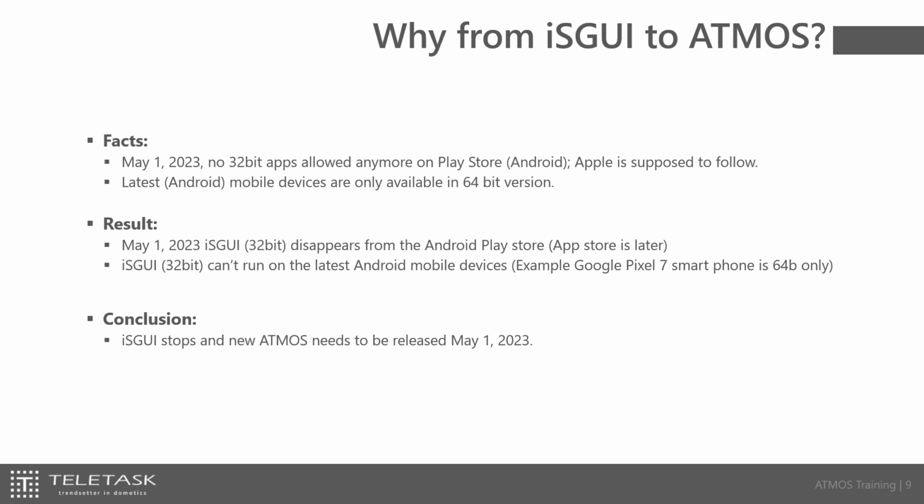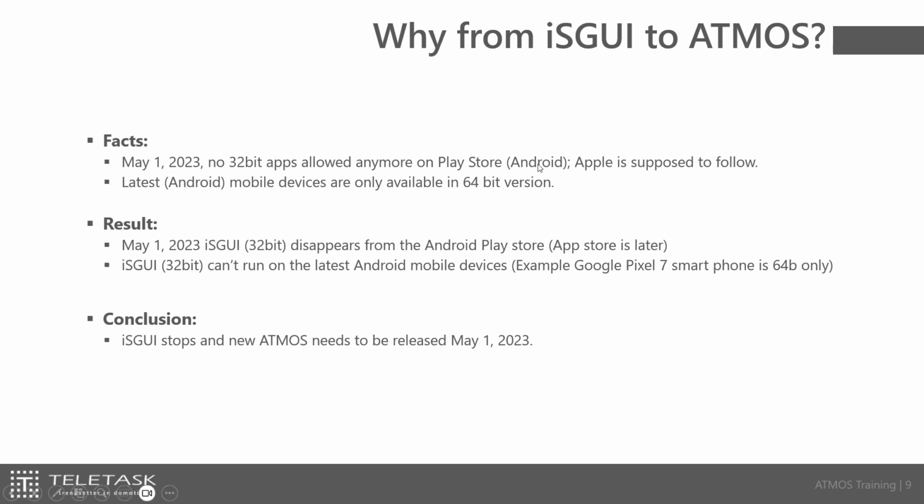Apple will also follow after a period. At this moment, we don't know yet when it will stop. But that's a very important reason why we need to go from 32-bit to 64-bit. Another reason also is that the latest Android mobile devices, like Google Pixel, for example, these are smartphones which only run 64-bit software anymore.